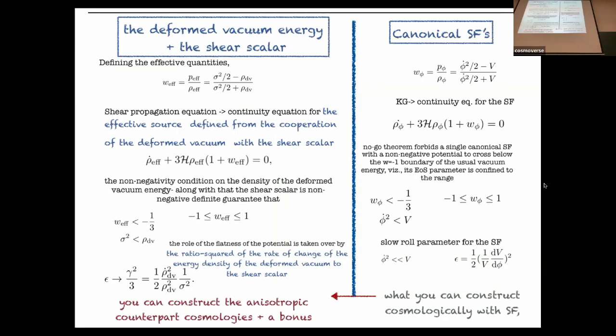This is very important. Anisotropic cosmologies are very difficult to calculate, but you can calculate using the scalar field equations and get the information about the anisotropic counterparts. So this is very applicable, and you can easily apply the following transformation.